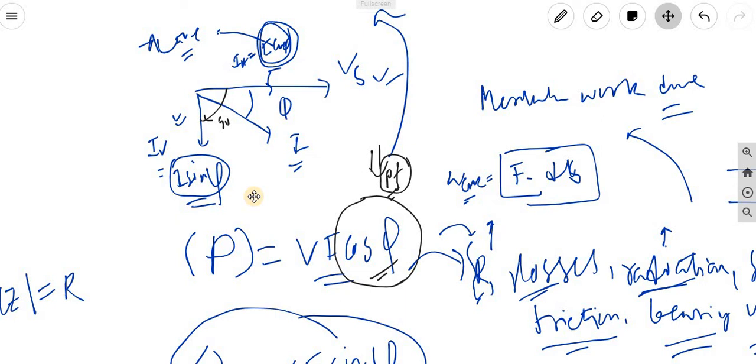It may be RLC, or it may be only RC. From there we got the phasor and the instantaneous power.